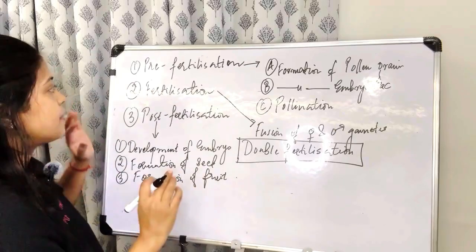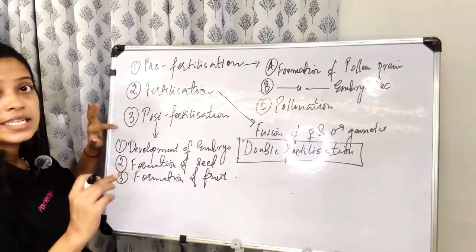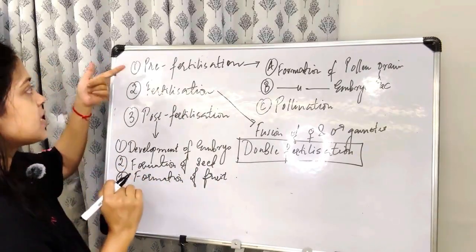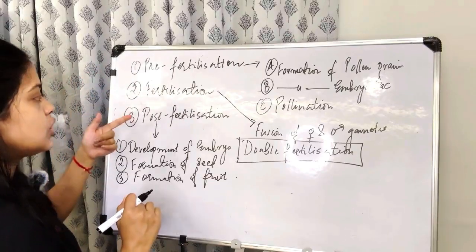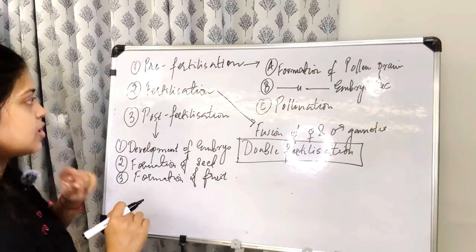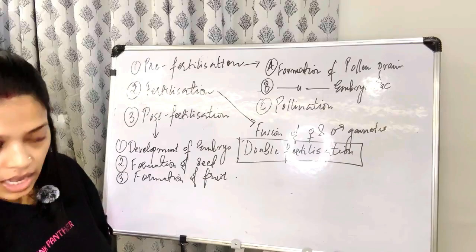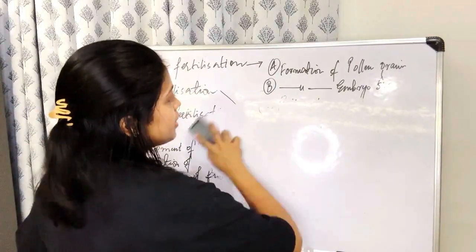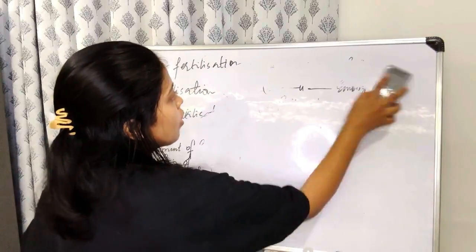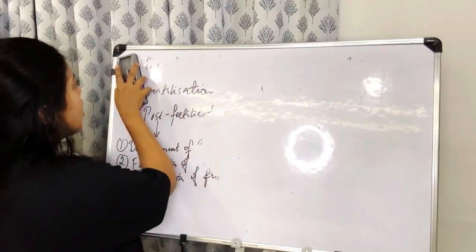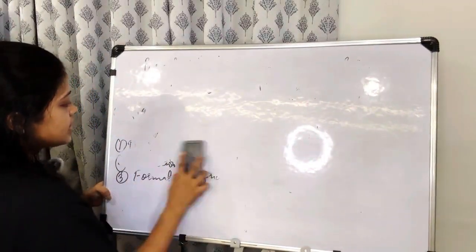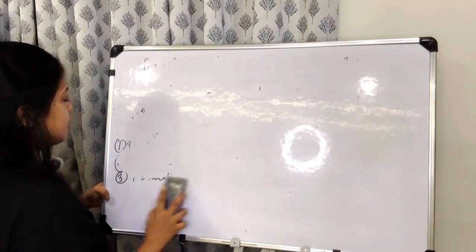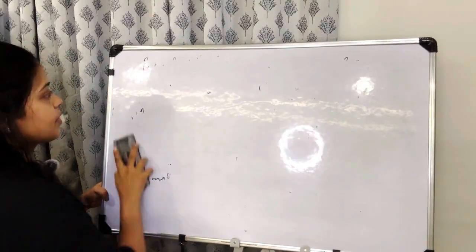So the whole chapter will be divided into these three subtopics: pre-fertilization, fertilization, and post-fertilization. So in the end, I want you all to think why it is important for a flower to undergo sexual reproduction. Why is sexual reproduction so beneficial for a plant to have?